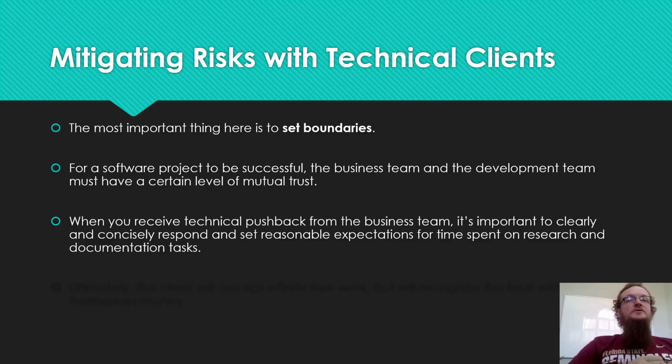And when you receive technical pushback, well, why aren't you doing it this way, that kind of stuff, what you need to do is very clearly and concisely set expectations for time spent trying to rework stuff and time spent trying to document why you're doing each individual step along the way.